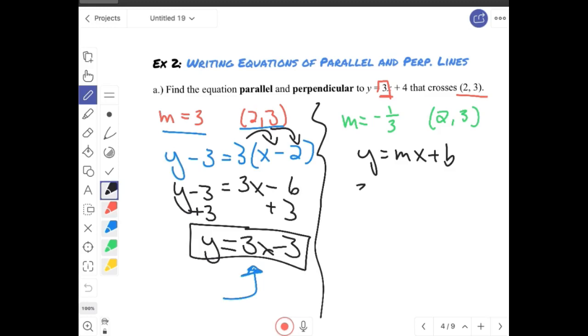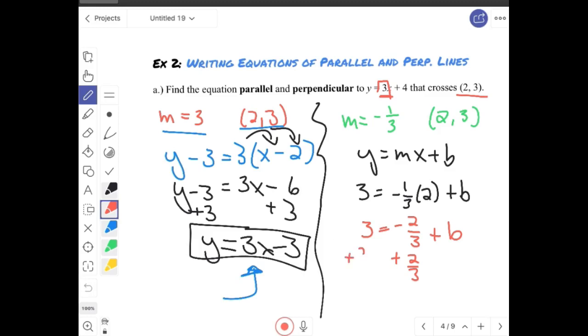So that's going to end up being 3 is equal to negative 1/3 times 2 plus b. Negative 1/3 times 2 is negative 2/3 plus b. Now I have to add 2/3. Now if I'm dealing with that 3, remember this would be equivalent to 9/3.